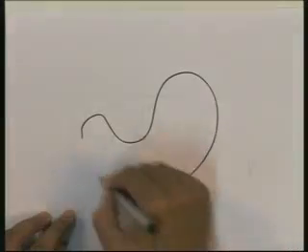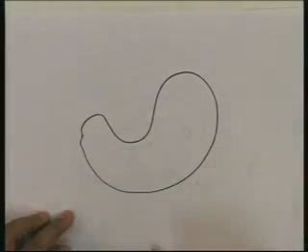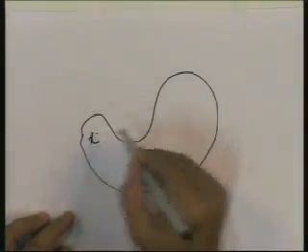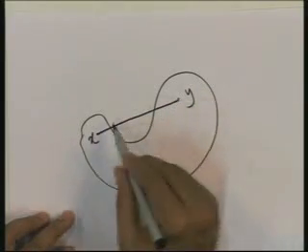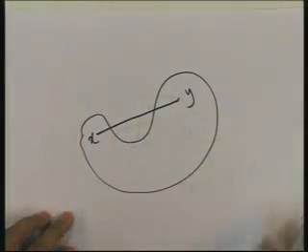A kidney-shaped region or a cashew-shaped region is also not convex, because I can pick a point x over here, a point y over here, and this line passes outside the region.